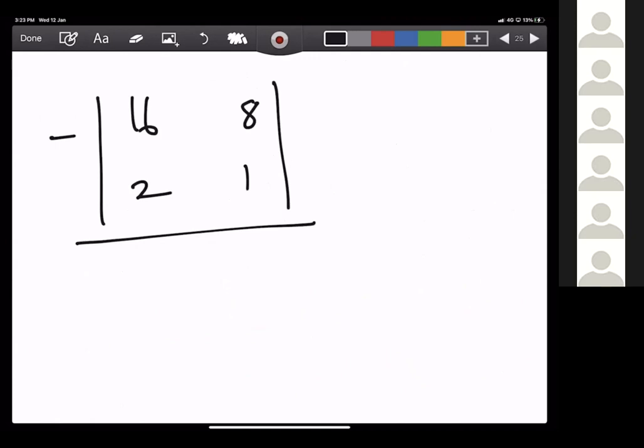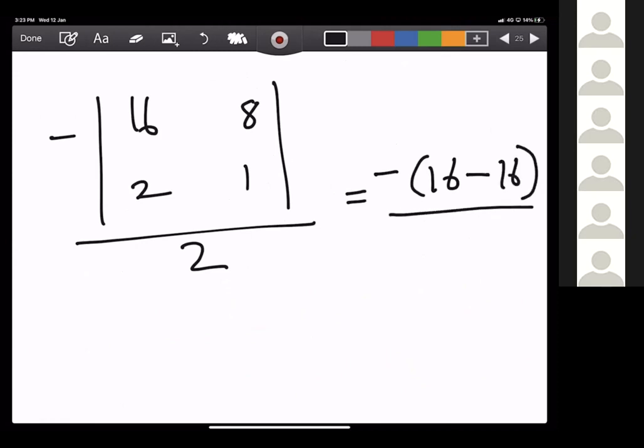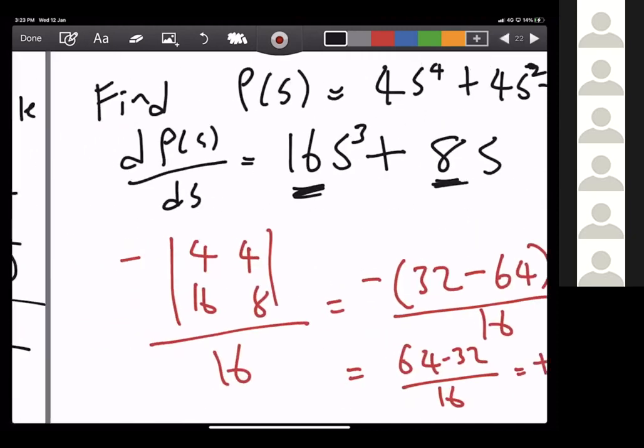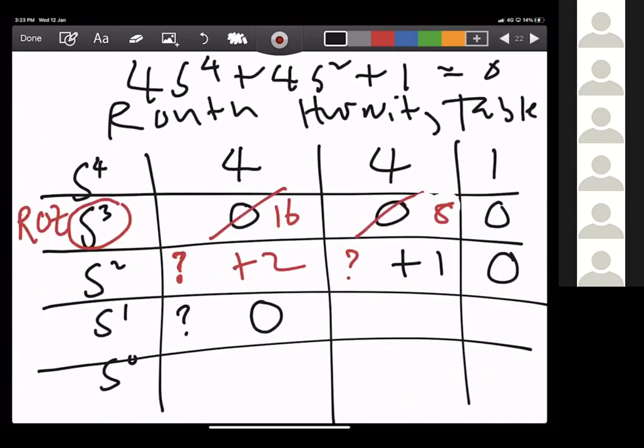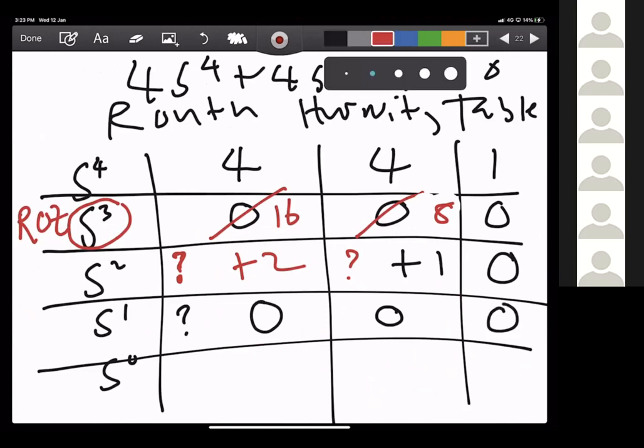Final answer is 4 over 2. So this one is 16 tolak 16, 0. 0 betul lah, saya salah key. 0, 0. Yang ni pun 0 juga kan?